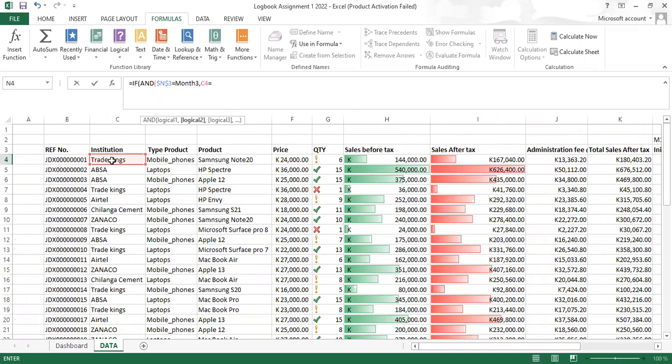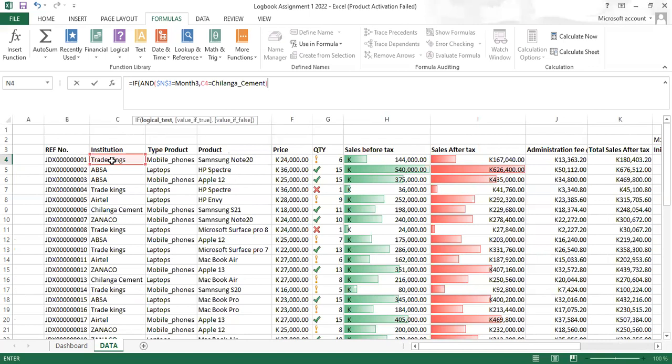If this one is equal to Chilanga Cement, tab. Okay, we close our argument. We don't have our third argument. If that month equals that month, then C4 is equal to Chilanga Cement.